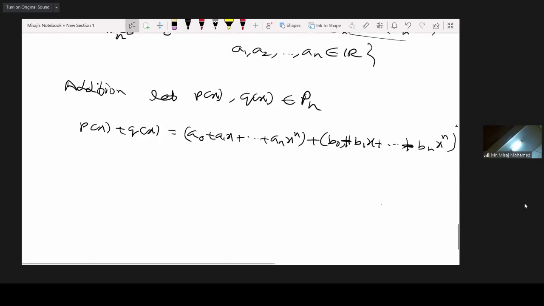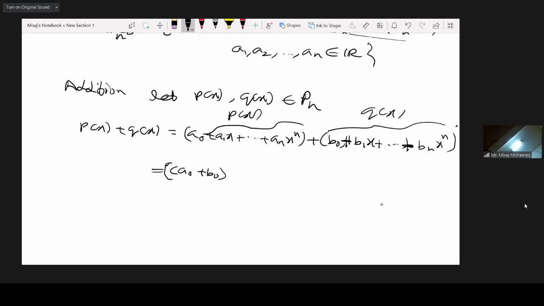So these are two polynomials. This is q(x), and this is actually p(x). So addition is a naught plus b naught, a1 plus b1 x, up to an plus bn x power n.